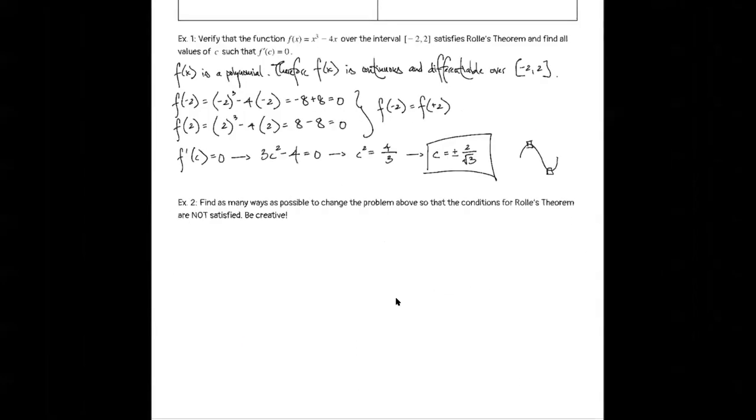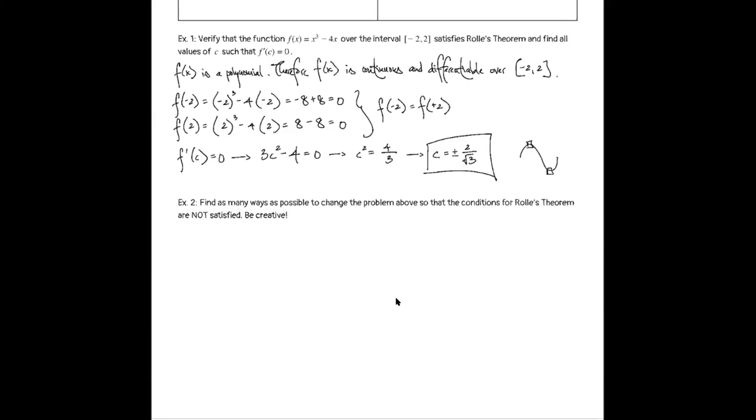I want us to know how to do example 1, but I think it's just as important to think about what might make Rolle's theorem not true. Okay. And so maybe this will be a good exercise for us to actually gain a better understanding. Do we know what's going on or do we not? Because if we're able to manipulate things, that shows a different level of understanding than just being able to execute the flow of a problem. Okay.